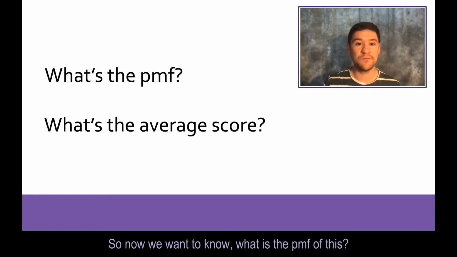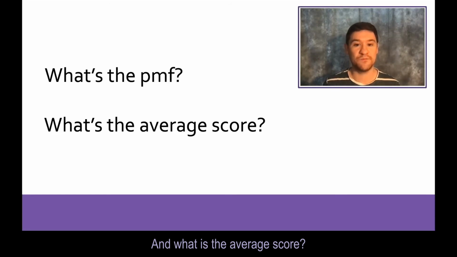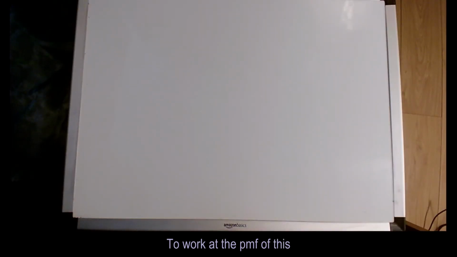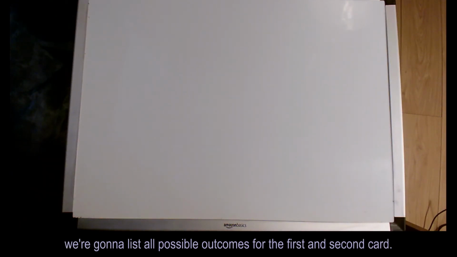So now we want to know, what is the PMF of this and what is the average score? To work out the PMF of this, we can do exactly the same as when we worked out the sum of 2 die. We're going to list all possible outcomes for the first and second card.